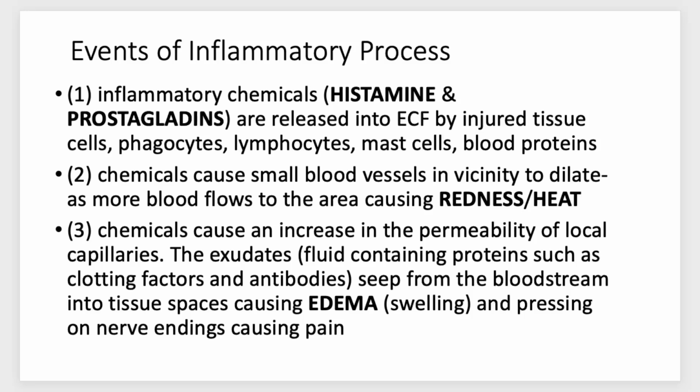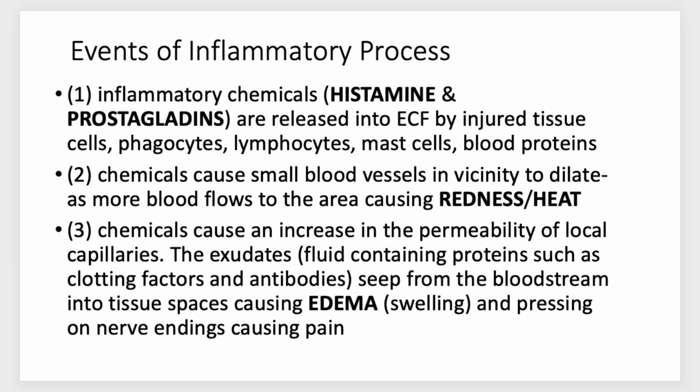Then number 2, the chemicals will cause small blood vessels in the vicinity to dilate, which is going to bring in more blood flow, which causes that natural redness and temperature increase that you see at the site of an injury. The chemicals will make the permeability of the vascular tissue increase, so we can have that diapedesis of those white blood cells moving from the vascular tissue into the area of injury.